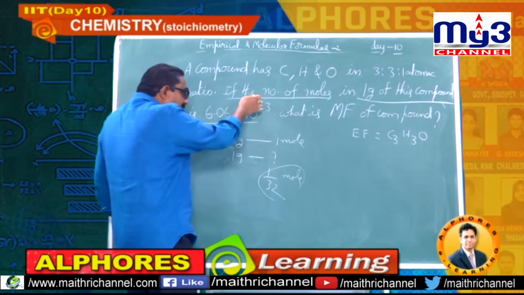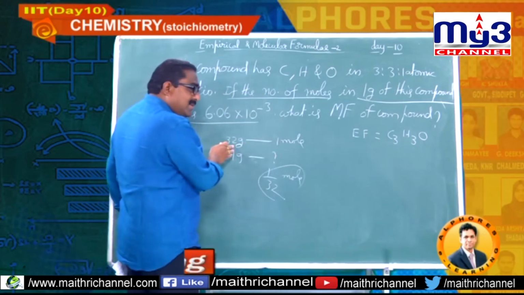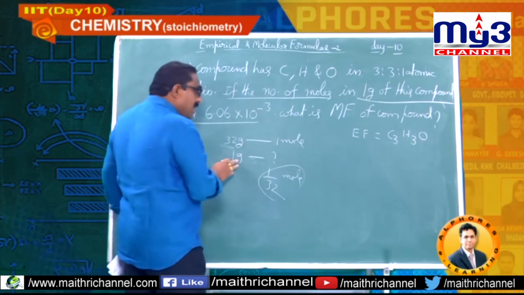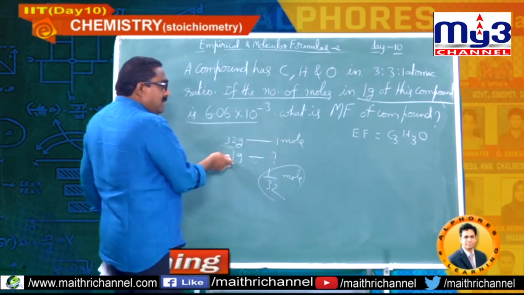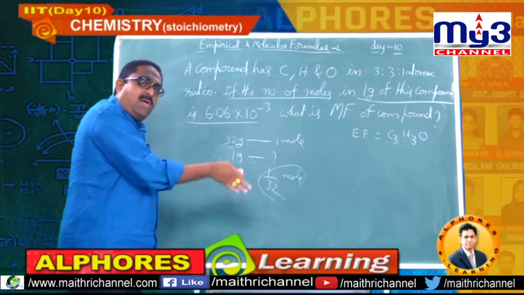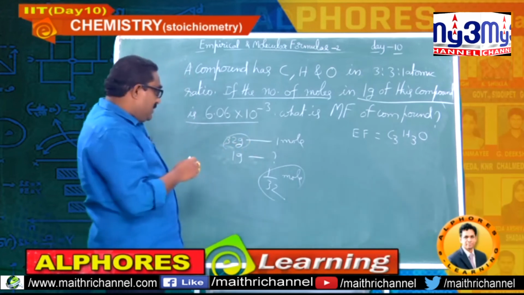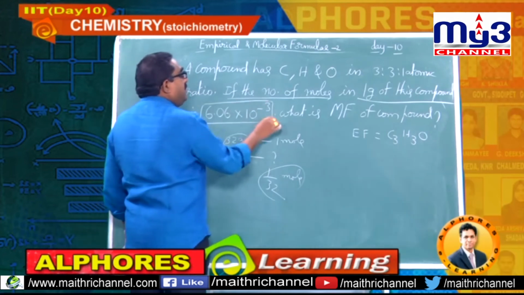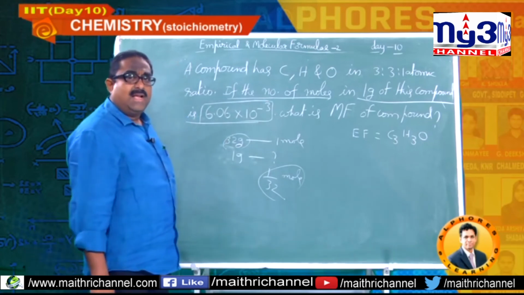To understand this, I have given this example to you students. 32 grams, 1 mole. 1 gram, 1 by 32 moles. So molar mass means reciprocal of 1 by 32, it becomes 32. Is it right or not? So that's why reciprocal of this is nothing but gram molar mass here, students.